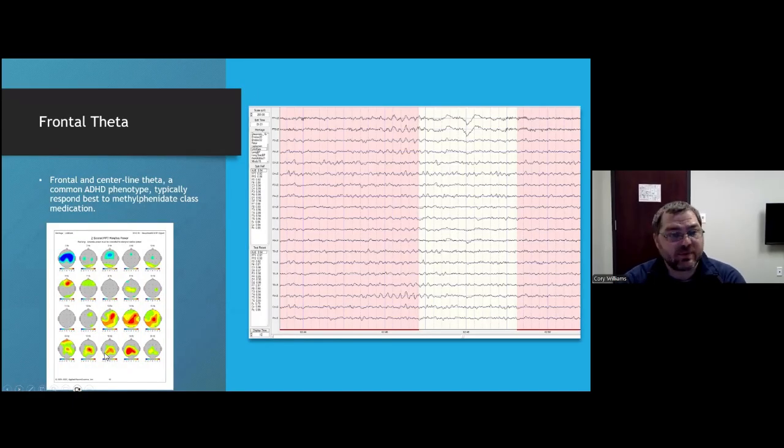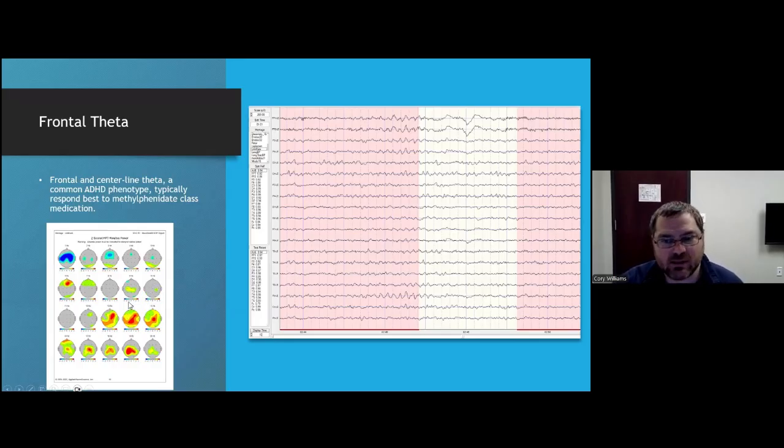So, and I've got some examples here. We'll look at raw EEG and we'll look at power maps. If you are uncomfortable looking at raw EEG, I recommend you become comfortable. It is an invaluable tool. The power maps, the things that we see here, are useful and fun and a very interesting way to present the information to a client.